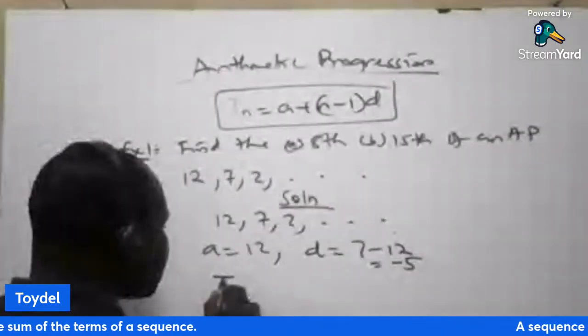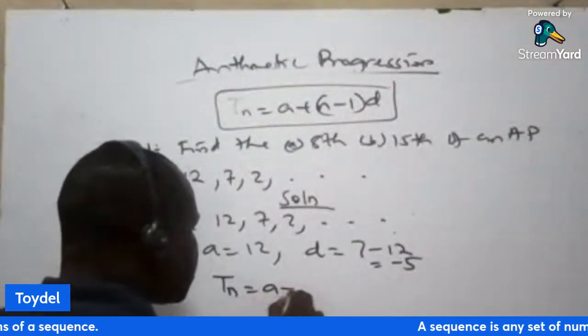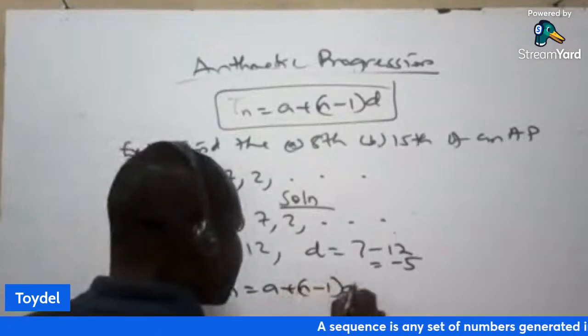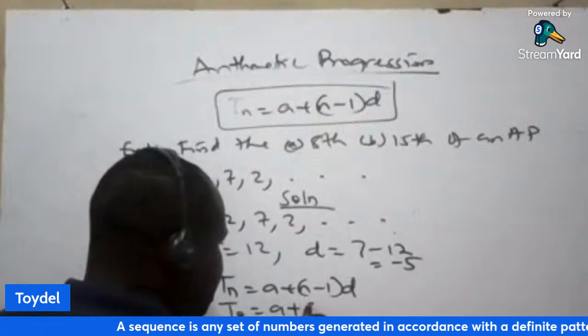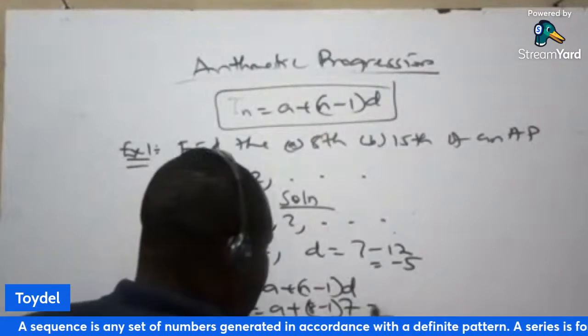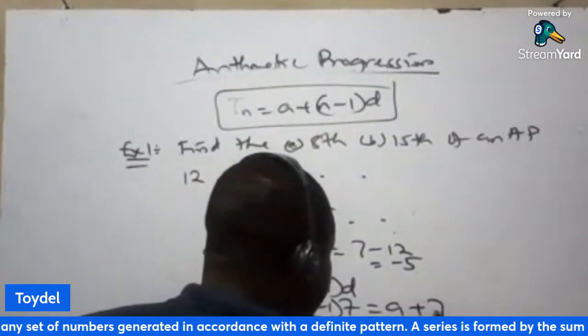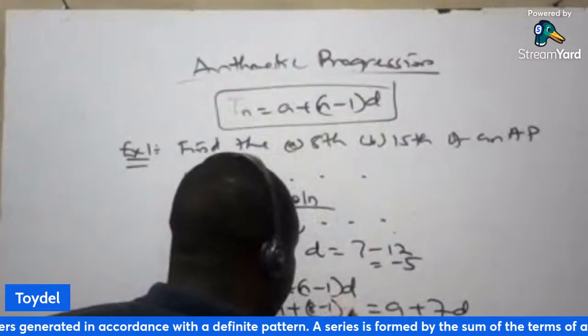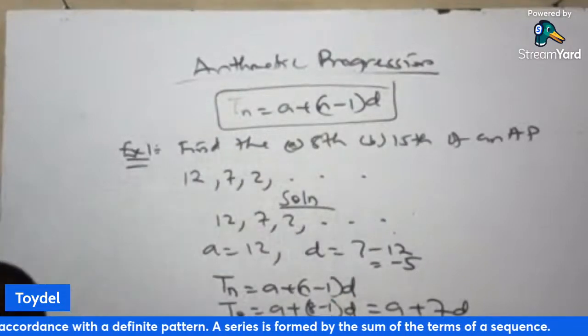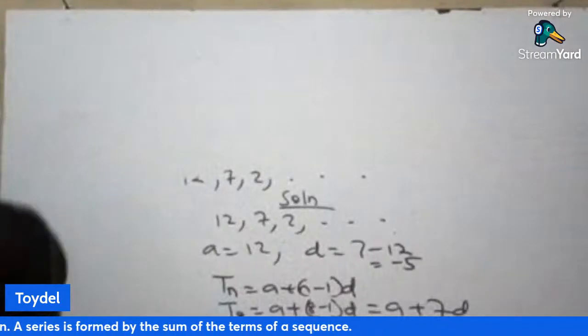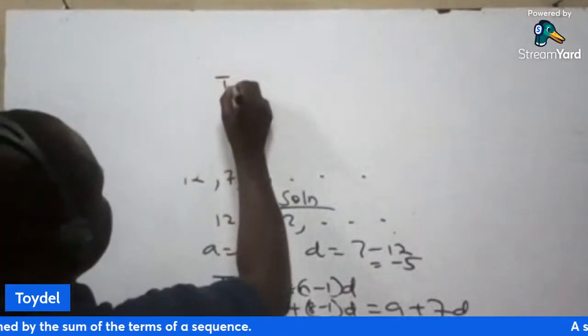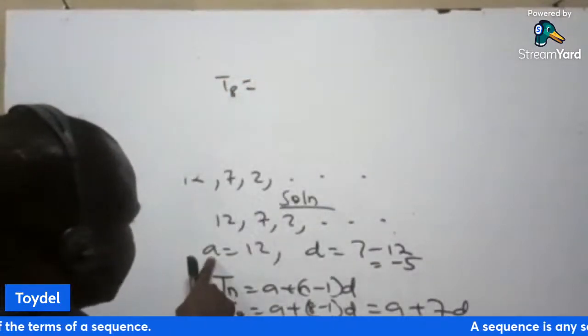So the formula for the nth term Tn is equal to a plus n minus 1 into bracket d. Then the 8th term, T8, will be what? A plus 8 minus 1 into bracket d, and that will be a plus 7d. In this question, a is equal to 12.